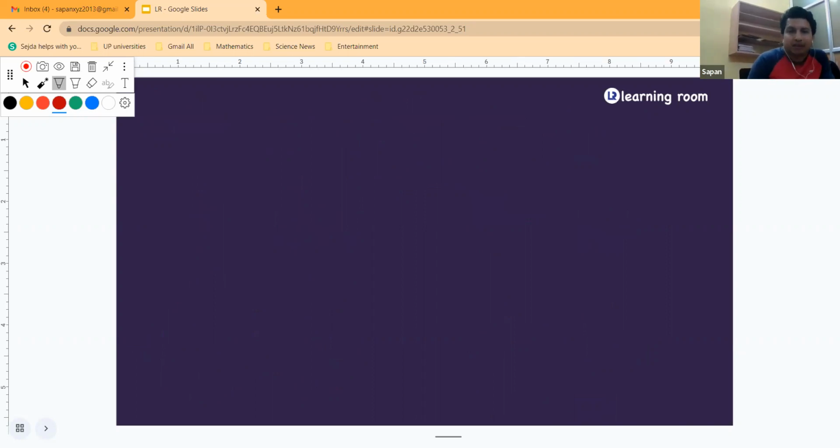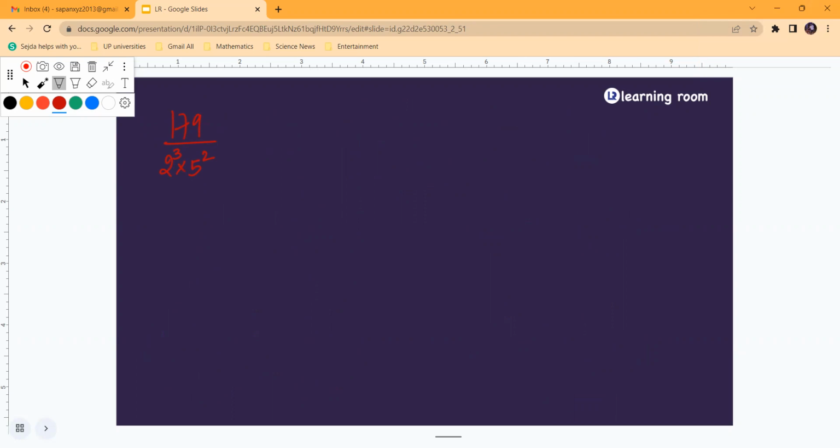Let's take a number 170. Because every even number is divisible by 2, and 5 goes with every 10s and 5s. Like an example will be better.